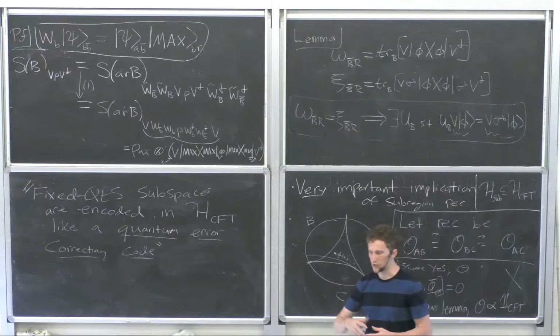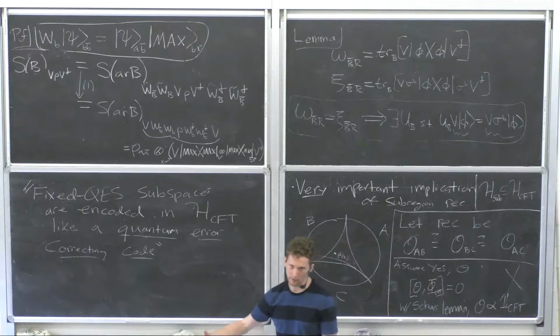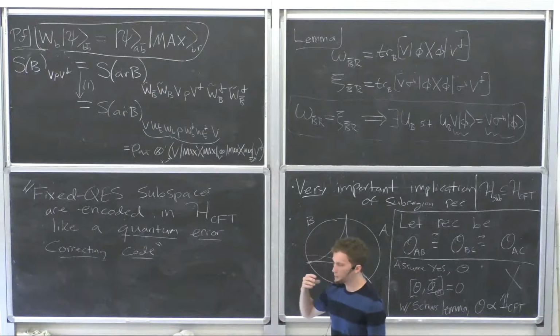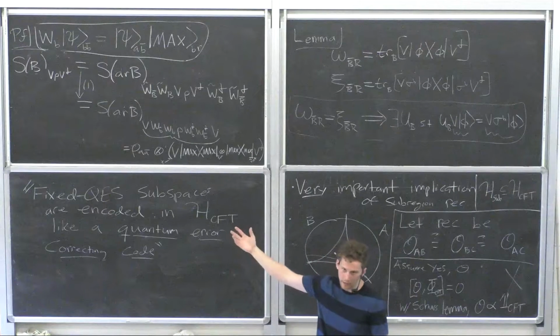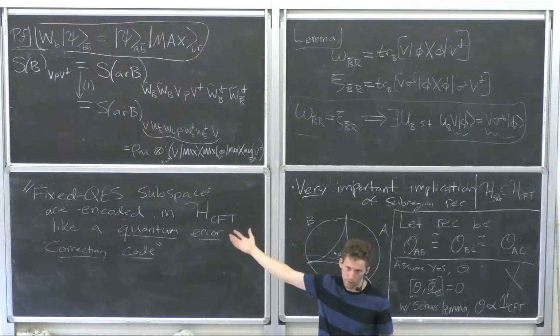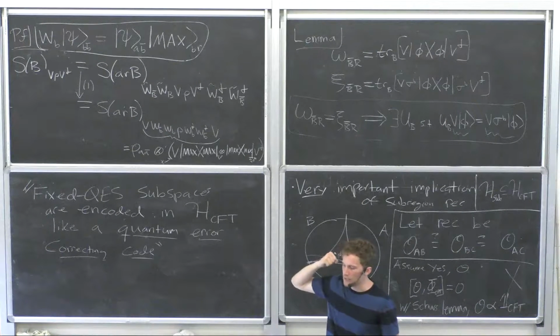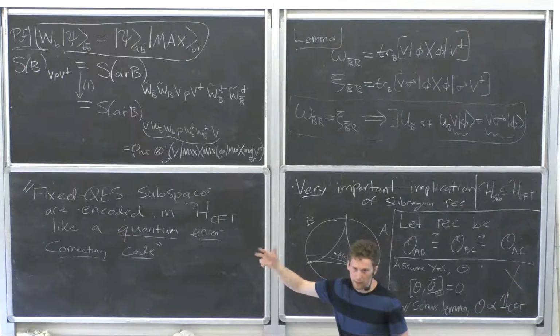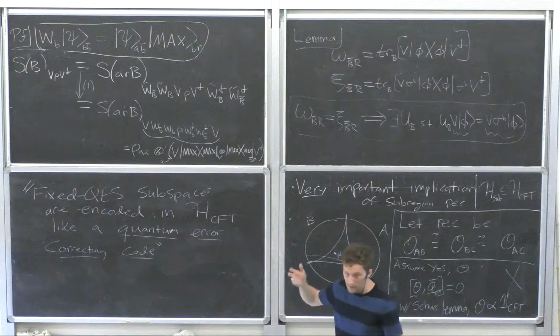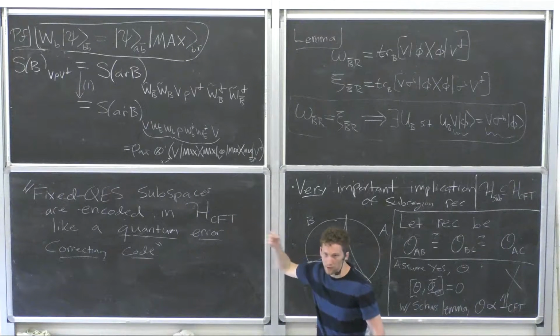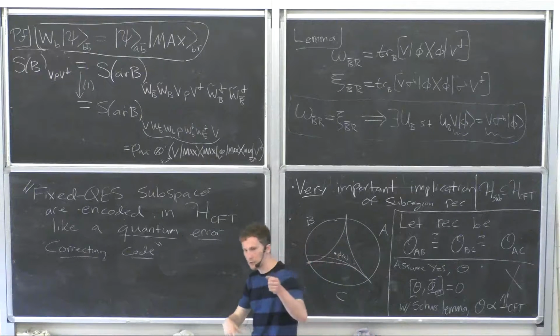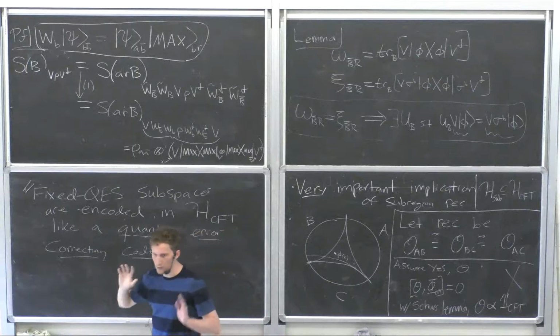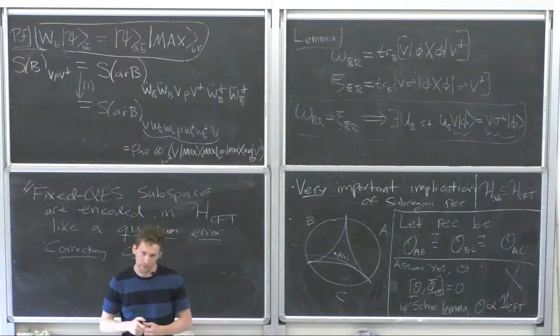The reason people said that was because the only theorem we had was this Theorem 1 that we've been proving. And H code there, the only one we could make sense of reconstruction for, was one of these fixed QES subspaces. So H code and fixed QES, historically, when Theorem 1 was all we had, they were identified.